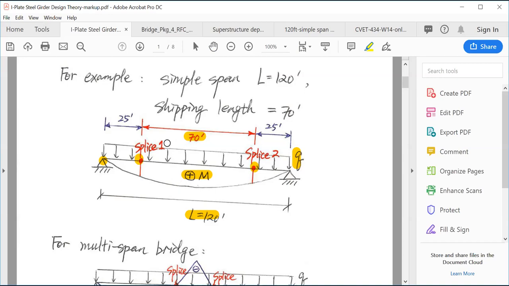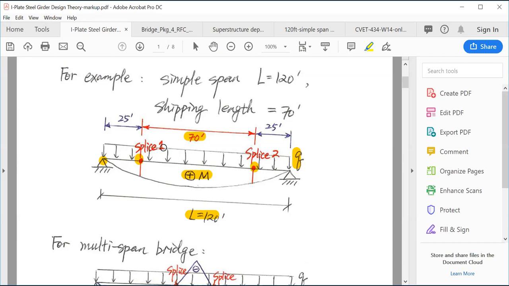So if the splice location is close to the support, the moment value is relatively small.